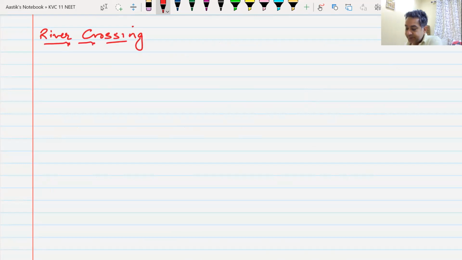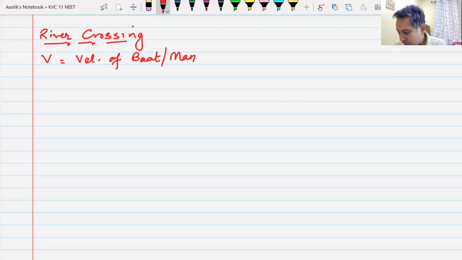And what is going to be given in this river crossing problem? We would be given V, the velocity of boat or man with respect to river.